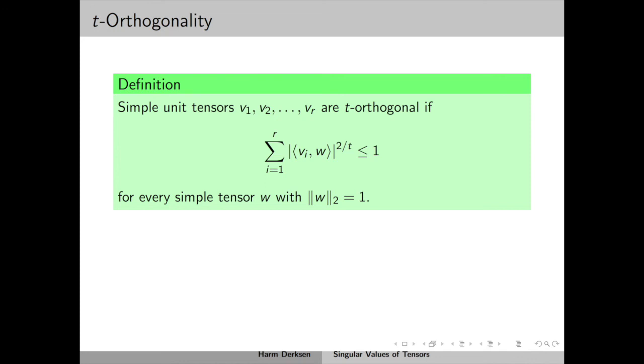We say that these simple tensors are t-orthogonal if the following inequality is satisfied for every simple unit tensor w. If you think about it, if you take for example t equal to 1, like if the v_i's are orthogonal, then this is just the Pythagoras theorem. It's equal to 1 in that case. Or, well, it follows from the Pythagoras theorem.